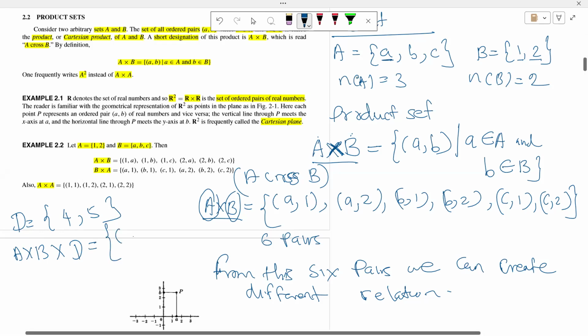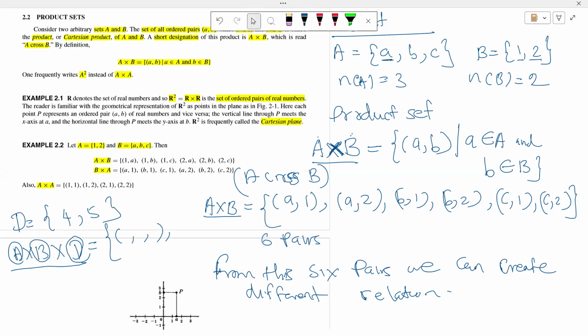Now, each pair contains how many elements? 3 elements, right? This way. So here, A cross B means you need to take one element from A, one element from B, right? Here I am asking A cross B. Also, if I ask A cross B cross D, you need to take one element from A, another element from B, another element from D, this way, right? So that's why here we are putting each and every pair with 2 elements.